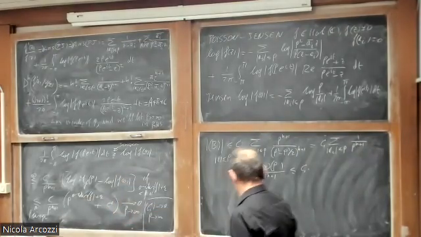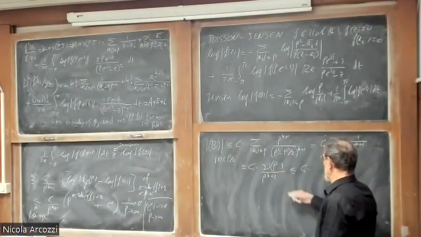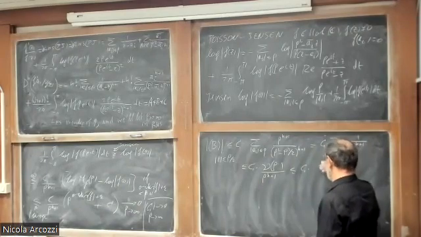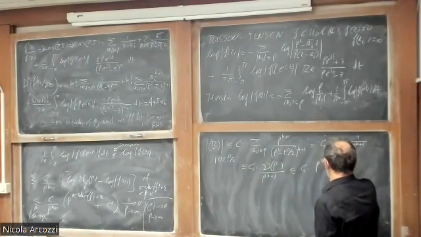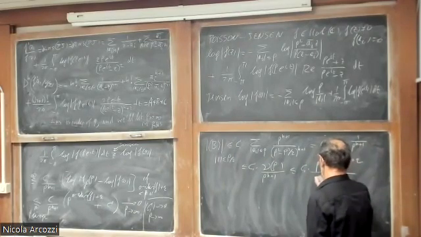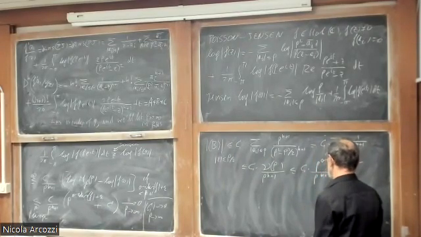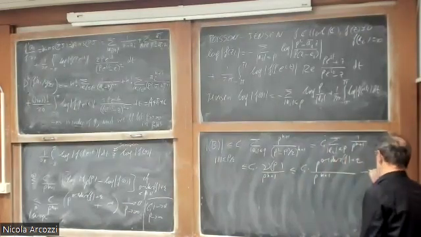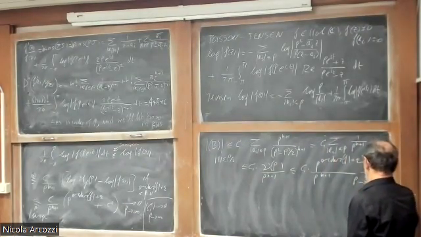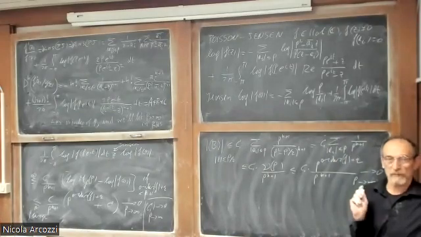And the estimation was that this number was less or equal than a constant times rho to the order of f plus epsilon. And that goes to 0 as rho goes to infinity.